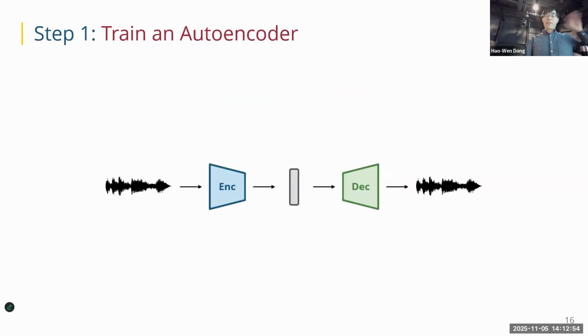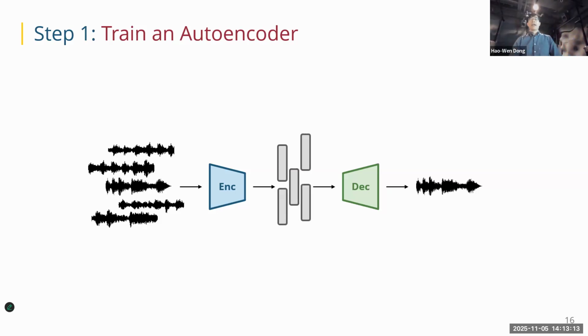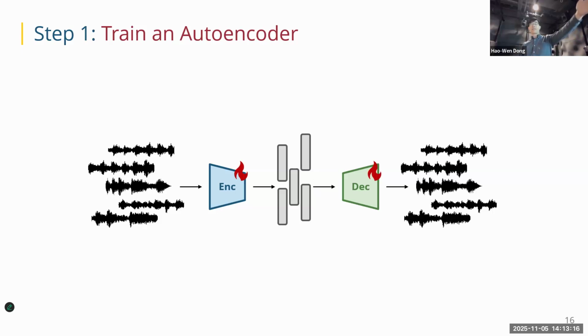These are the first steps if you want to train a latent-based music generation model. First you train an autoencoder, where you basically train a codec. You will have a bunch of different files, and you will get a bunch of different versions of that latent vector. And of course, you will reconstruct it back.